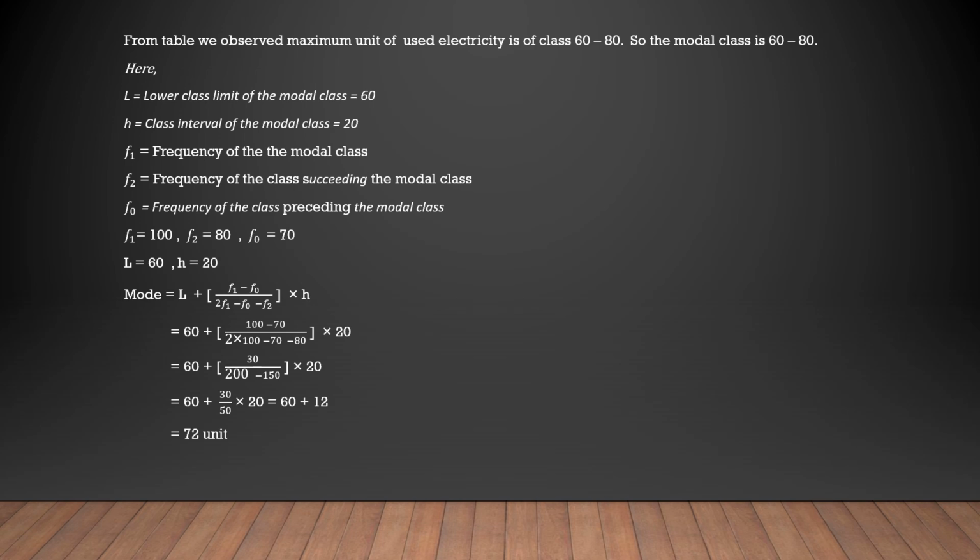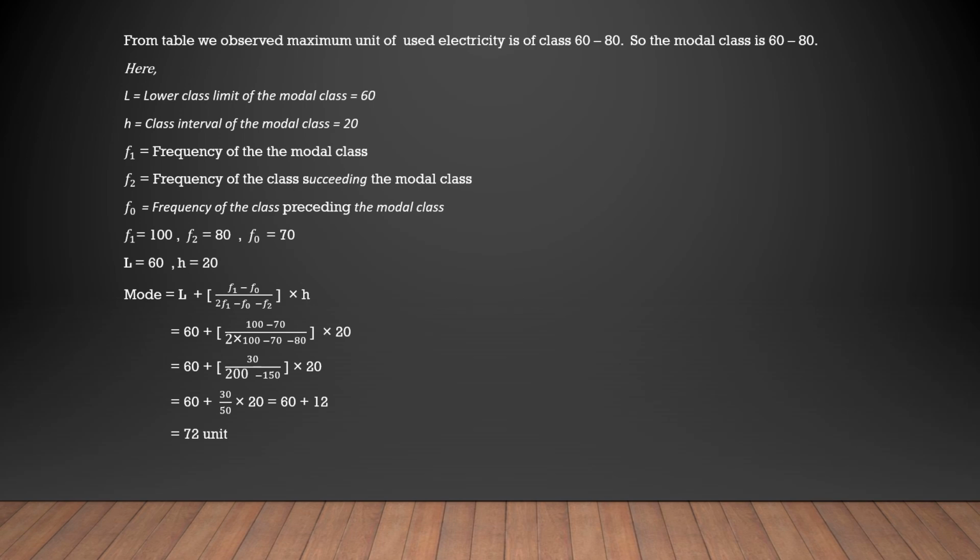Then 60 plus 100 minus 70, that is 30, and 2 into 100 is 200 minus 70 minus 80, that is 150, into 20. So 60 plus 30 by 200 minus 150, into 20. 200 minus 150 is 50.